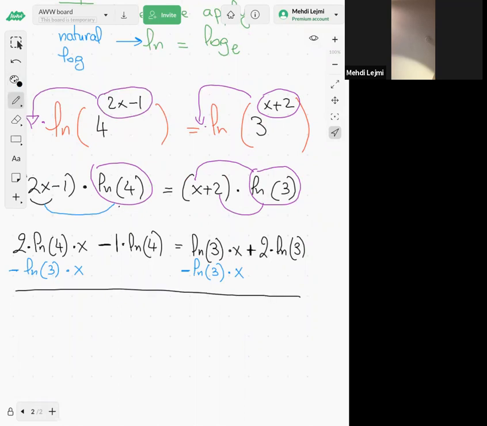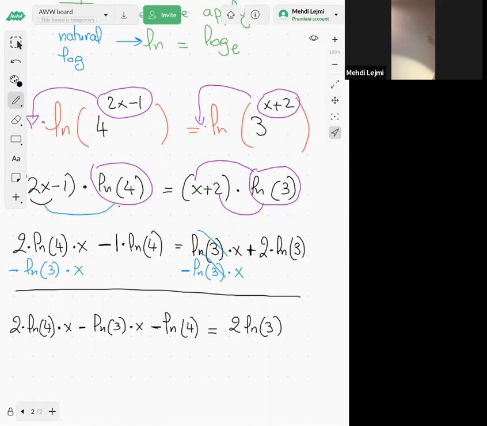On the left side, I have 2 times natural log of 4 times x minus natural log of 3 times x, minus 1 times natural log of 4. 1 times any number would be the same number, so it's natural log of 4. And on the right side, this is canceled out, so it's just now 2 natural log of 3.